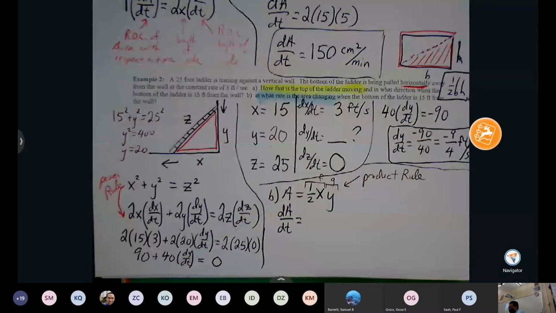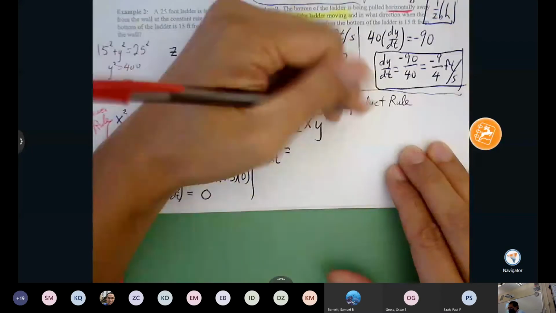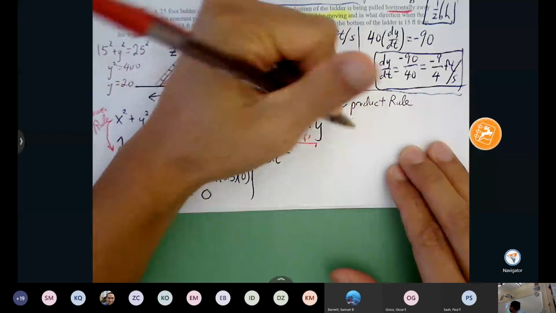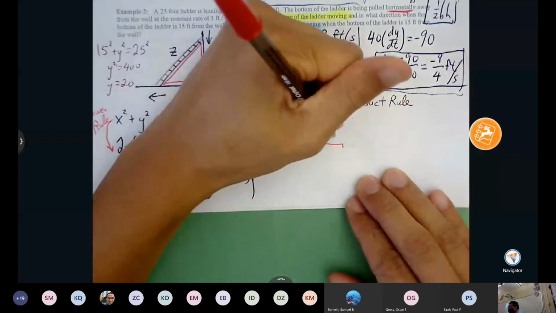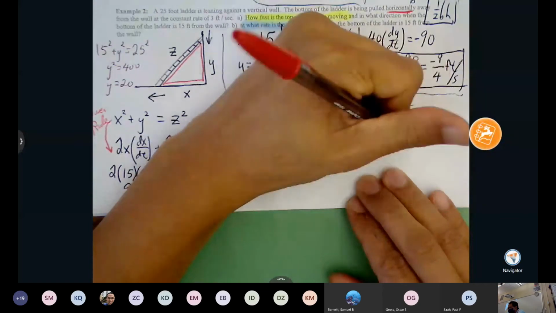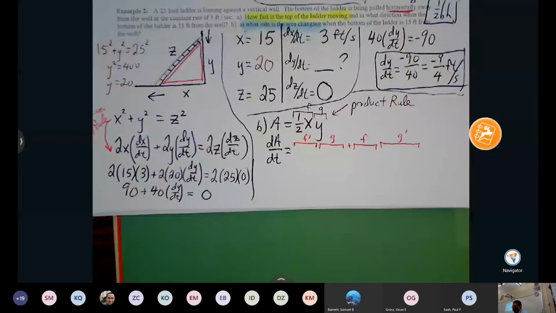Okay, we said product rule, right? So f prime g plus f g prime. Now we're going to fill in those blanks, those spaces.